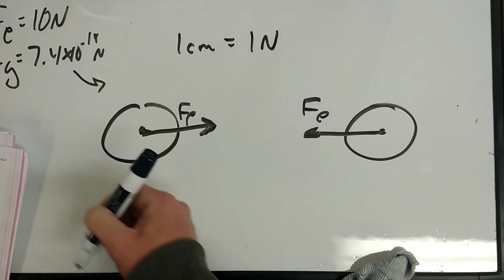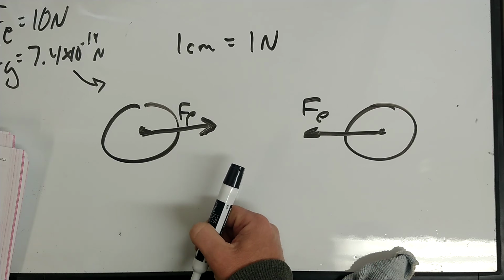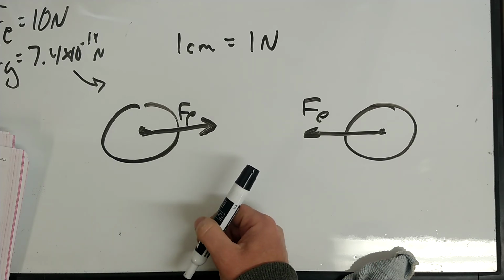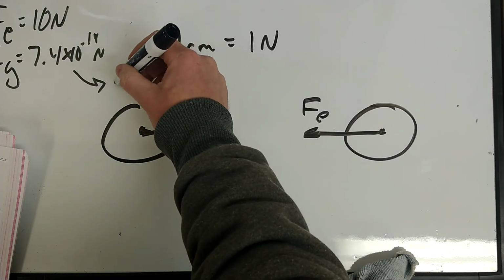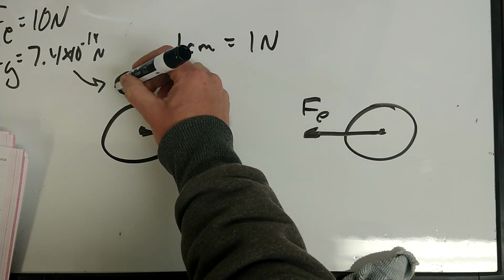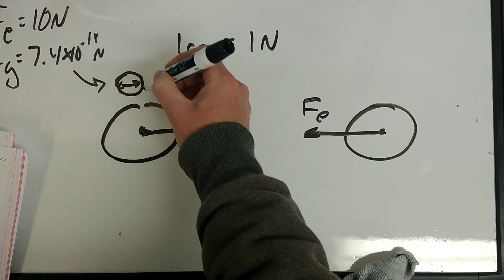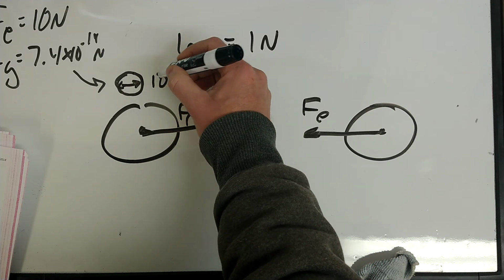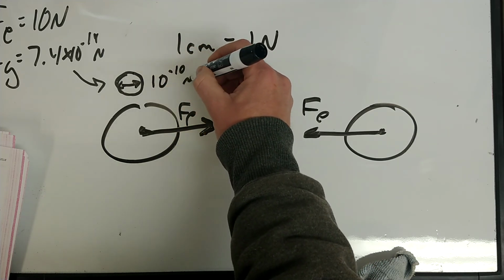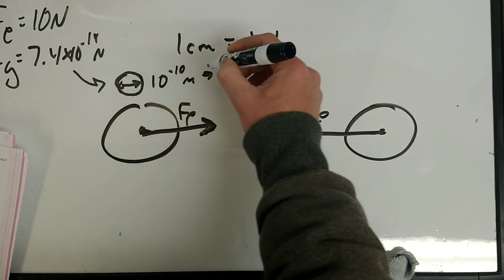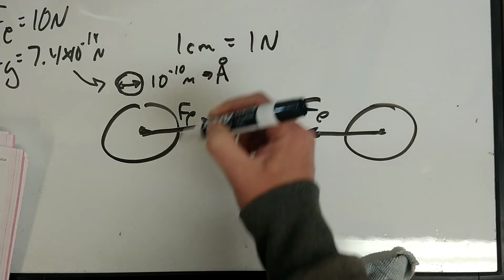Do you know how big that is? Well, I'll tell you. The approximate radius of a fairly big atom is about an angstrom, or 10 to the negative 10th meters.